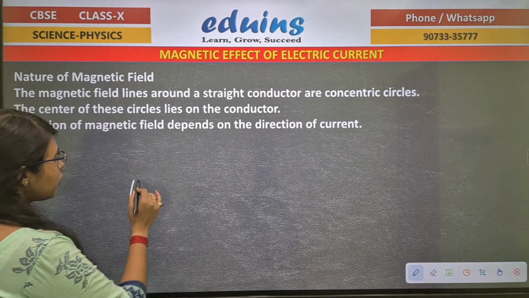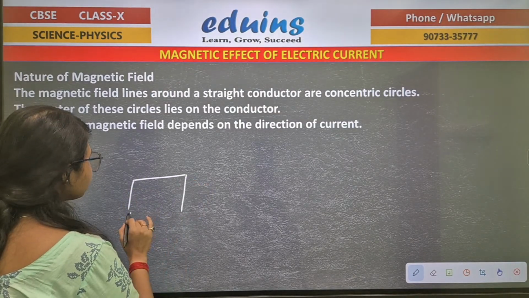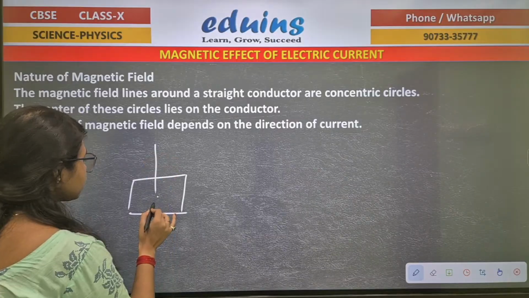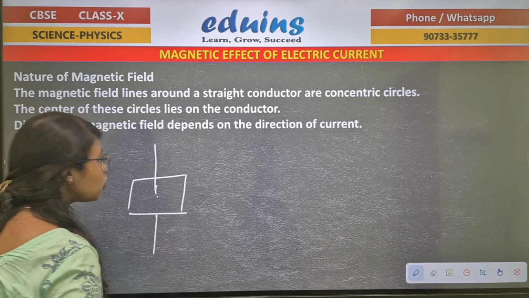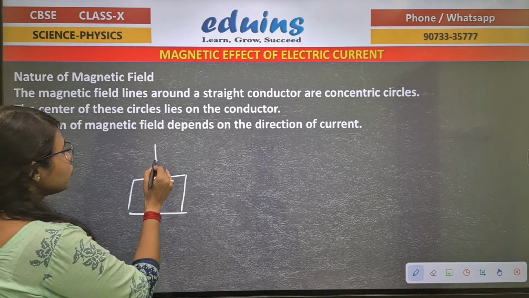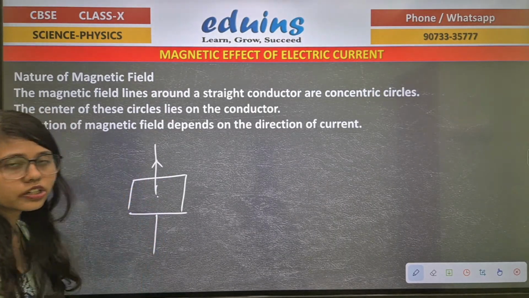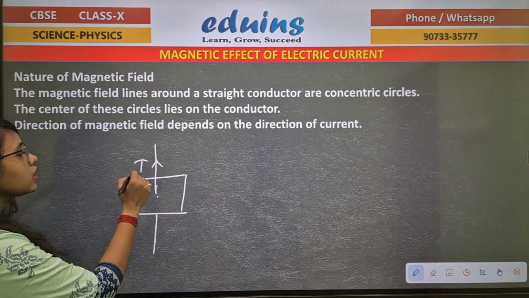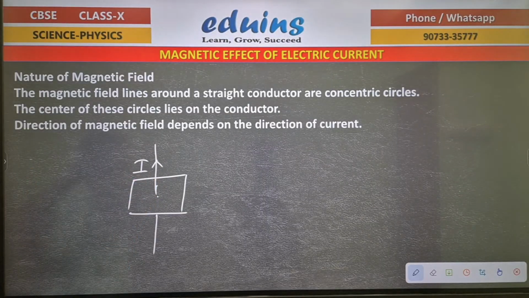For this experiment, we take a cardboard and put a current carrying conductor through it. Then we flow the current in one direction, where the current is I. Now a magnetic field is produced.